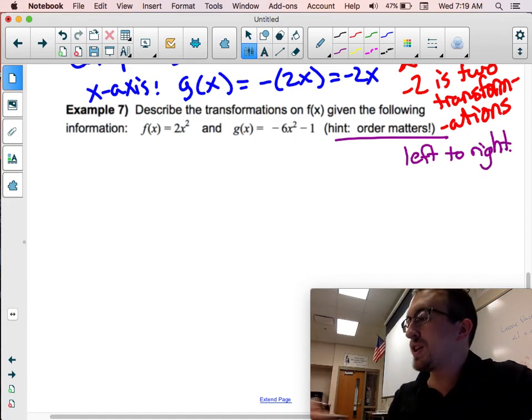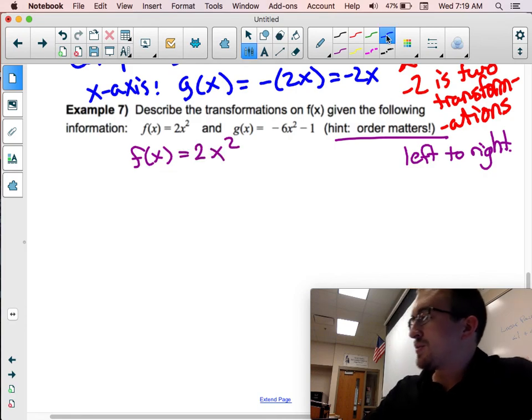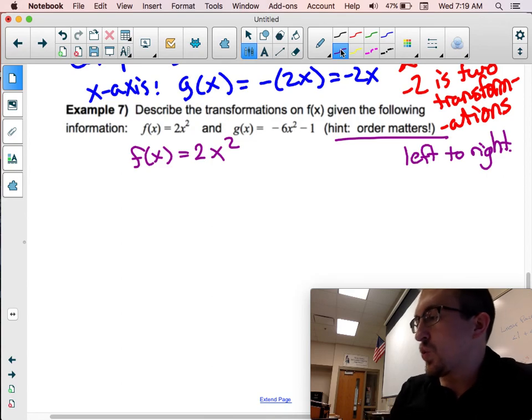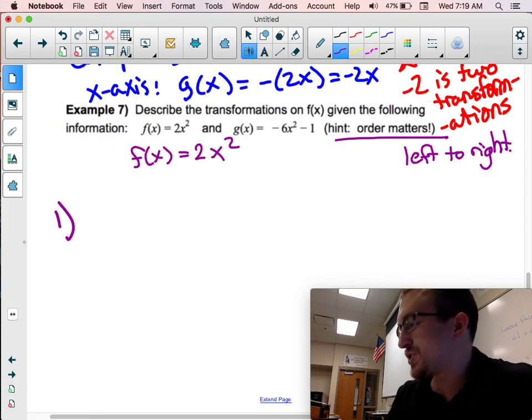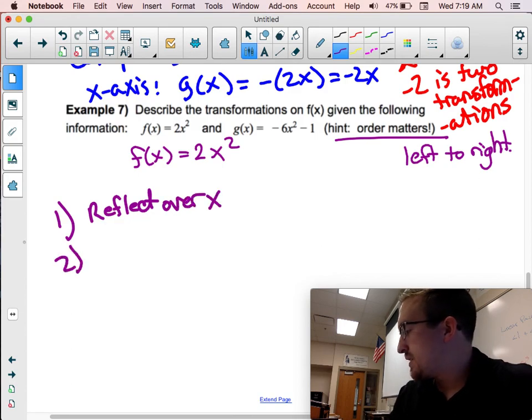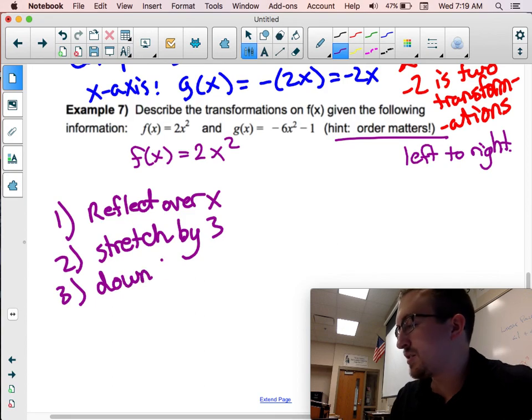And I want to show 2 things here. If f of x is equal to 2x squared, I'm just going to lay this out. First, this is specifically a reflection over x, then a stretch by 3, left to right, then a shift down by 1.